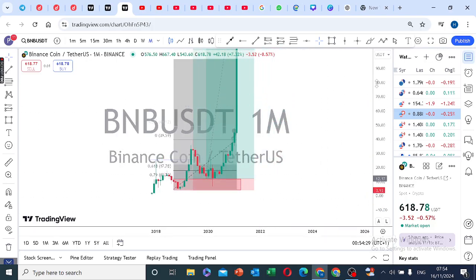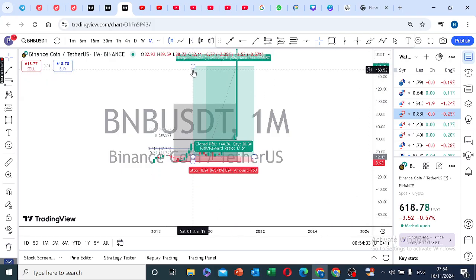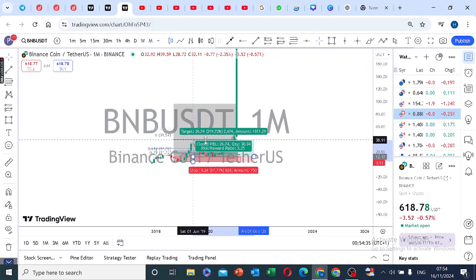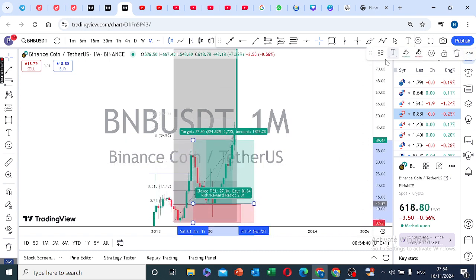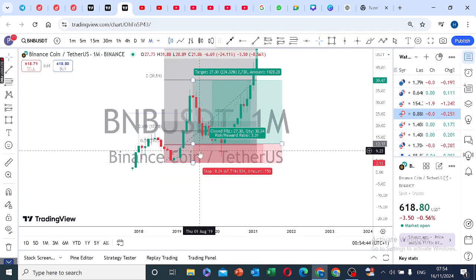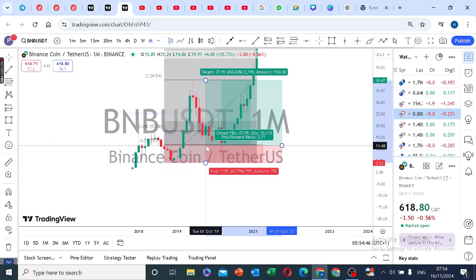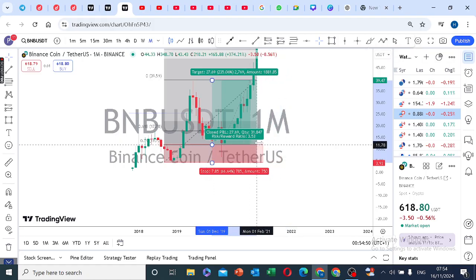And why it's so interesting for us is this: price gave us the kind of reaction we want to see in the market. Price got into our level, reacted from that point, and rallied to the upside.